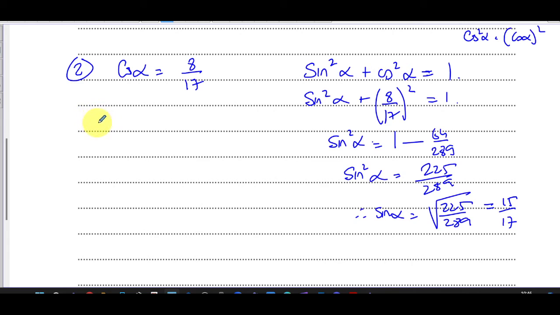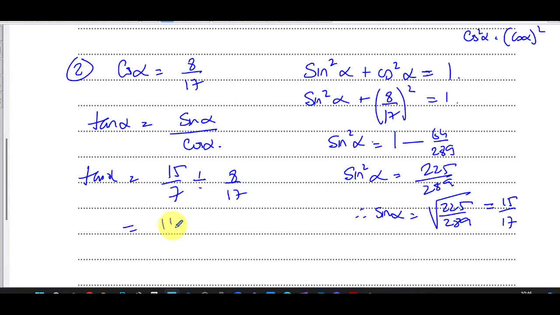And we have another identity that we know: tan of alpha is equal to the sine of alpha divided by the cosine of alpha. So the tan of alpha is going to be the sine of alpha, which is 15 over 17, divided by the cosine of alpha, which we know is 8 over 17, which is 15 over 17 times 17 over 8.